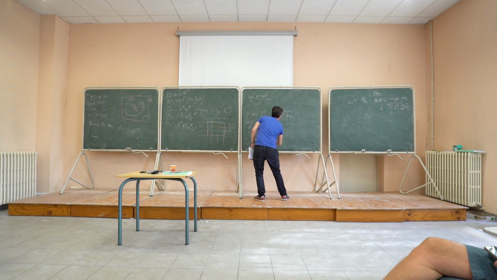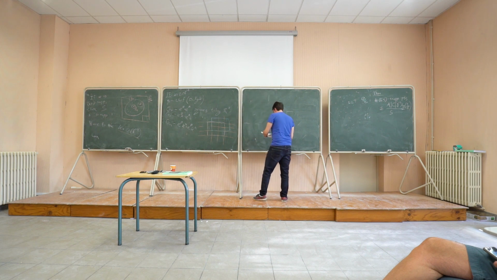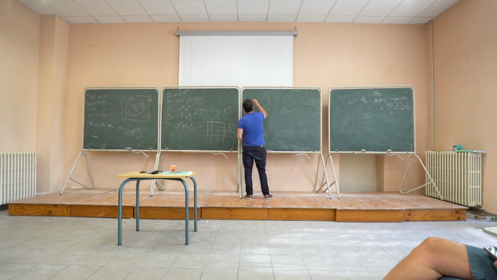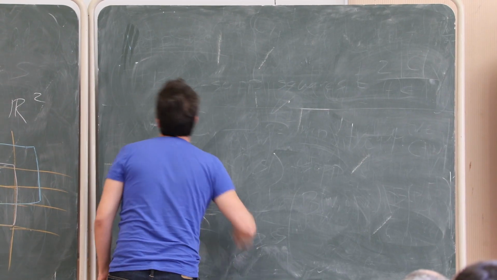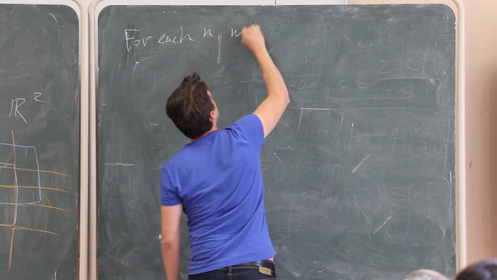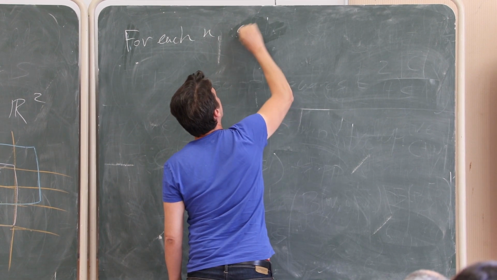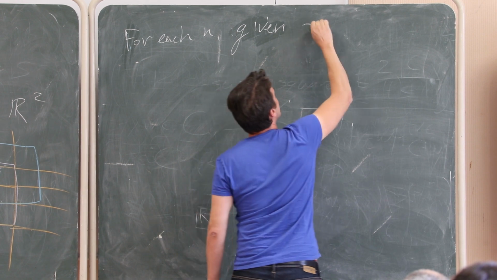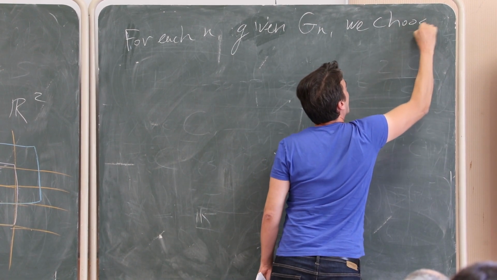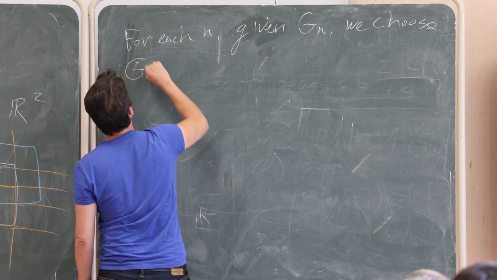Okay, so let's write it down in not many words, because it's clear. For each n, given Gn, we choose Gn plus 1.